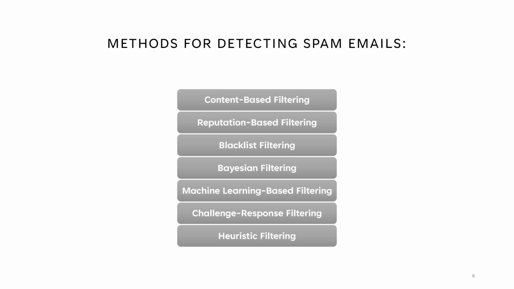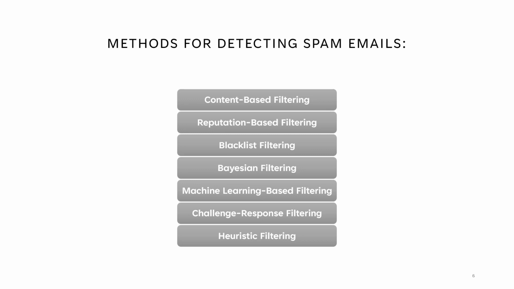The fourth one is Bayesian filtering. This method uses statistical analysis to identify spam emails by comparing the content of an email to a set of known spam or non-spam emails. This filtering learns from the user's email history to improve the accuracy of spam detection over time.